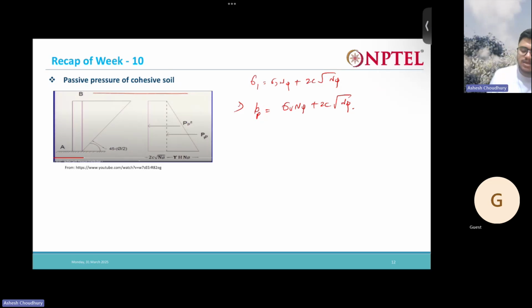So 2c by root over N phi will behave as a surcharge. It will be like a pseudo surcharge, you can see.